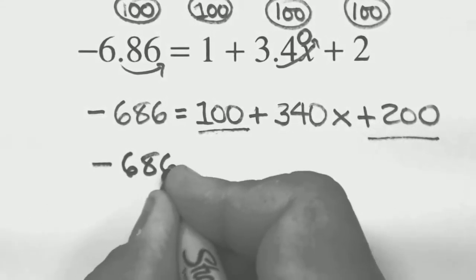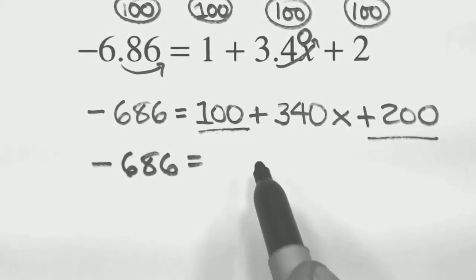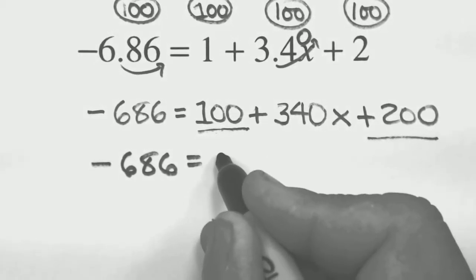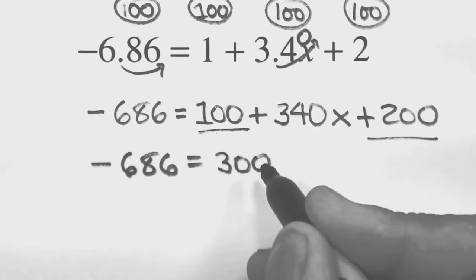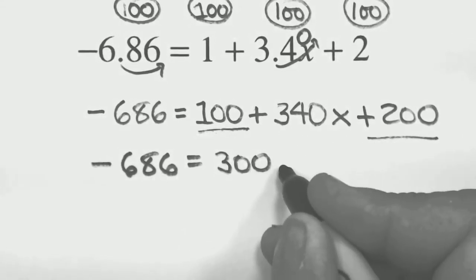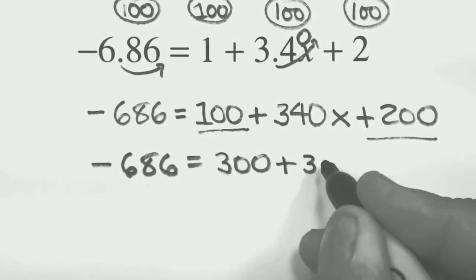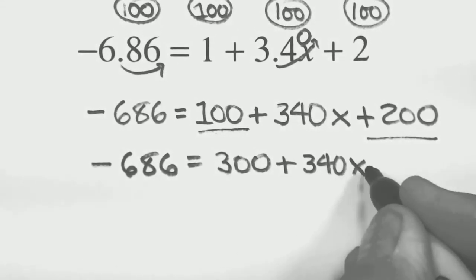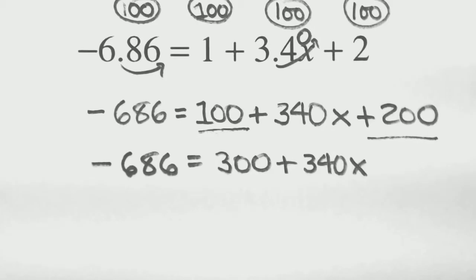We just rewrite that. On the right side over here, 100 plus 200 gives me a total of 300. So there it is. Officially a plus in front. You could write the plus if you wanted. And then, of course, don't forget the plus 340x. Okay, well, we're all set now. All we have to do is solve this thing.